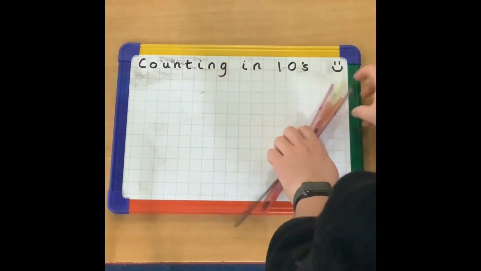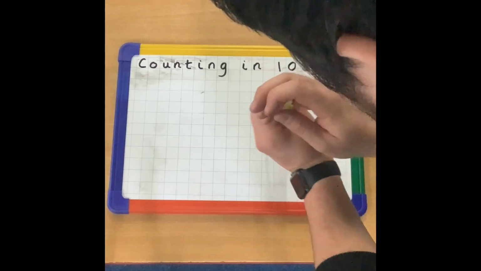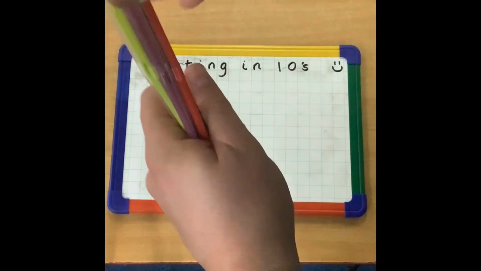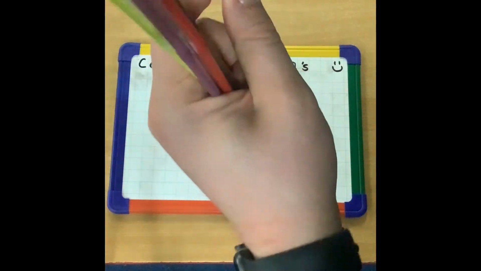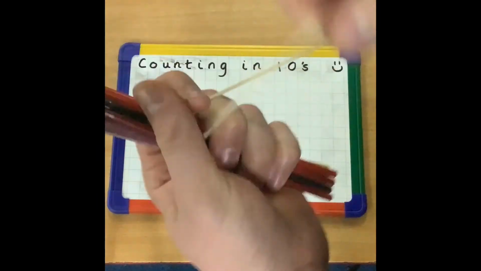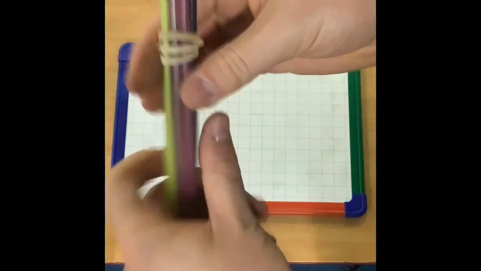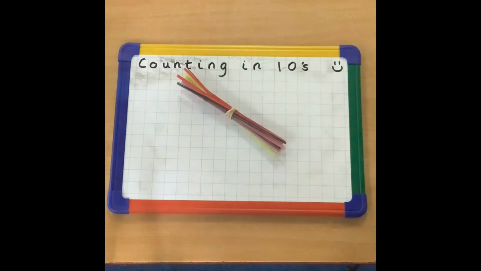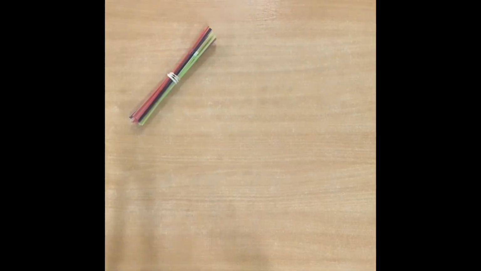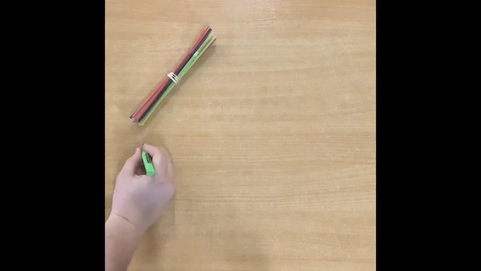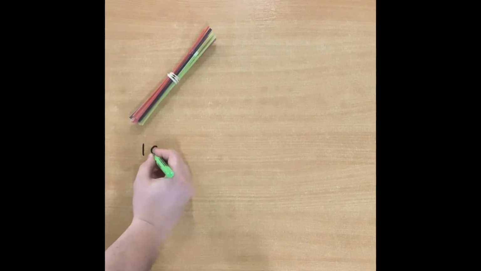What I'm going to do is bunch them all together and tie an elastic band around them, and now we know that this bunch of straws that I've got in my hand is worth 10, or there are 10 straws in there. There we go. So I've got here one bunch of straws which has 10 straws in it. So I'm going to write 10 down here.